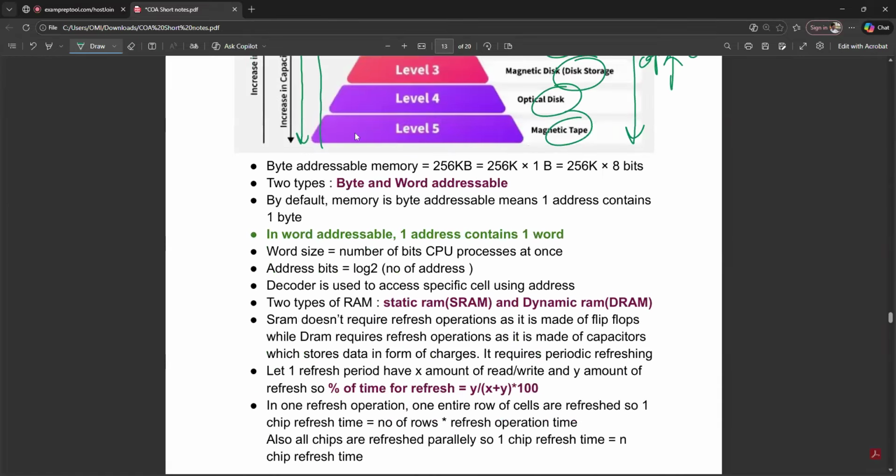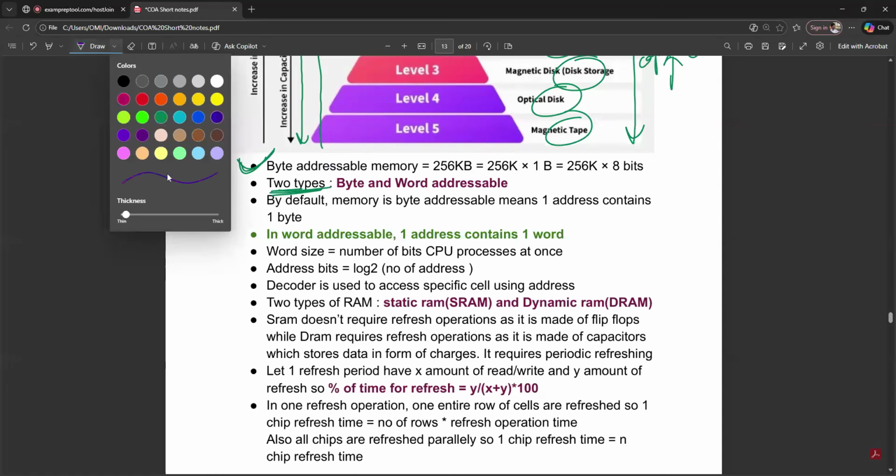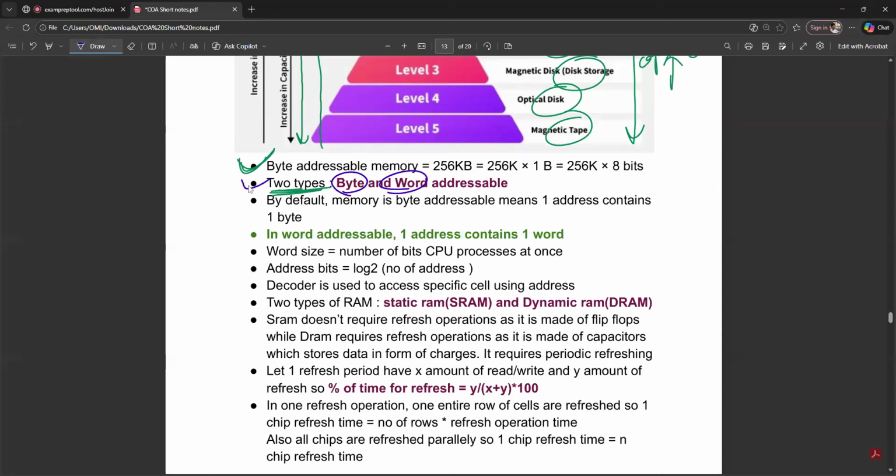So you only have to remember this. Let's start with the two types of main memory: byte addressable and word addressable, which I told you in the prerequisite. By default, memory is byte addressable, which means that one address contains one byte. In word addressable, one address contains one word. Now, what is byte addressable memory?